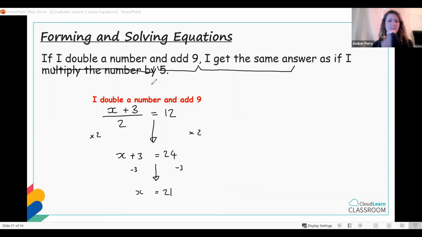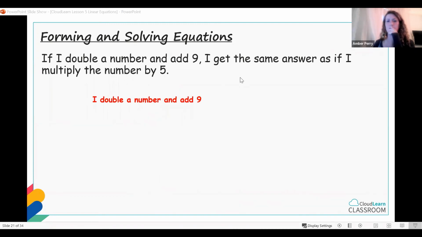Did I make a mistake with the last one? No, I'm just trying to double check that, since x plus 3 is over 2, we need to multiply both sides by that 2. So we had x plus 3 over 2 equals 12, didn't we? Is that right? Yes. So yes, we need to multiply both sides by 2.